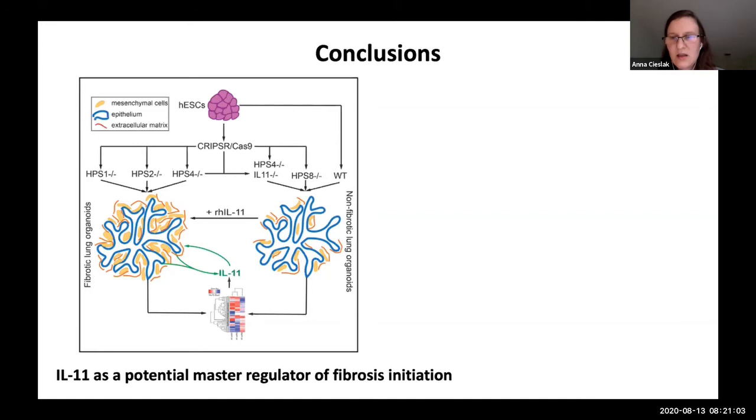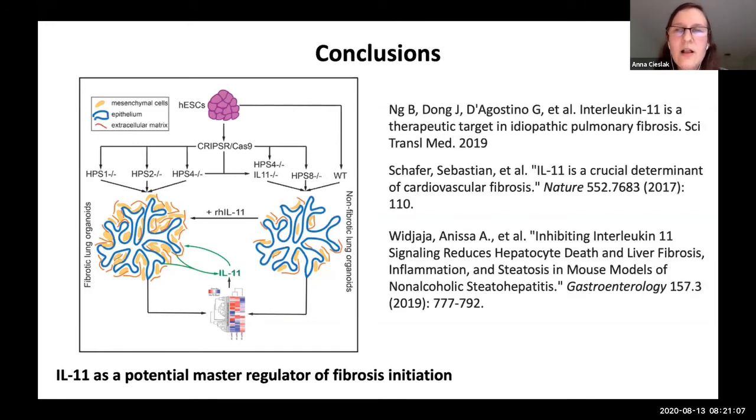What is interesting is that it aligns well with recent data published by several other groups on the effect of interleukin 11, implicating the cytokine in pulmonary, cardiovascular, and liver fibrosis. So we really think it's a potential target for fibrotic conditions in patients.